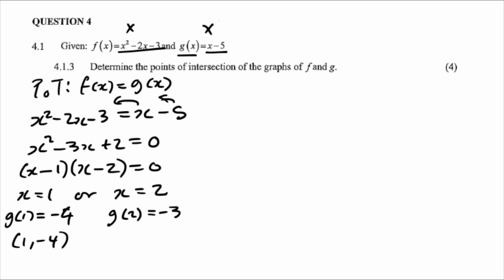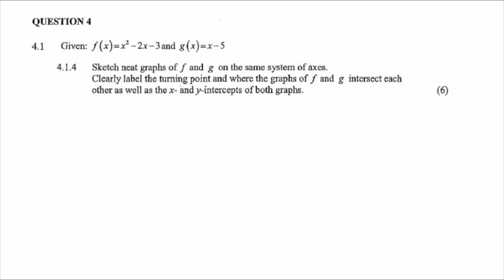So very simple there. And in our next question over here, now we are required to sketch the functions in the same system of axes. Now for us to sketch our parabola here, we would need our x-intercepts.